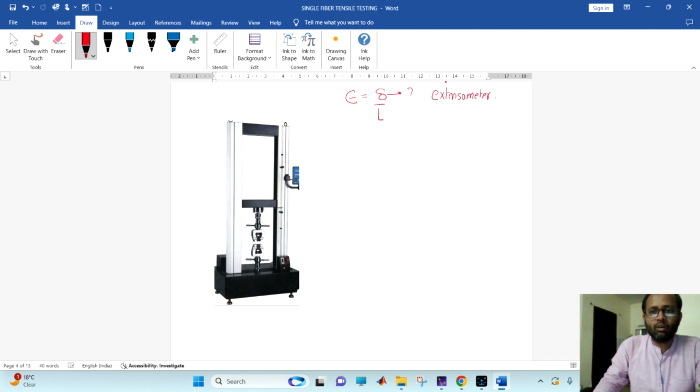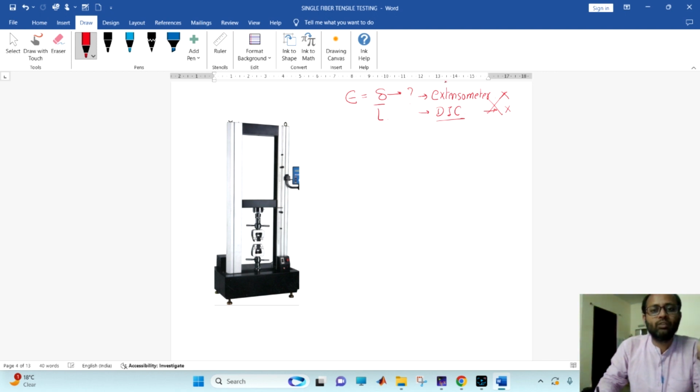There is another option of using DIC, digital image correlation. But here in this case the fiber is a single fiber. We cannot insert the extensometer, or do the painting or spraying with paint for the DIC. So all these things will not work.